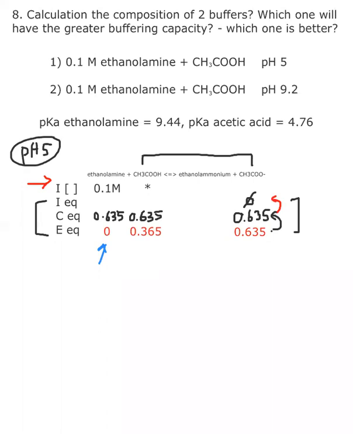Because at equilibrium, ethanolamine will be all neutralized out of the system, it means that the initial equivalence of ethanolamine would equal 0.635. Following me so far? So that's why when it changes, it becomes zero at equilibrium, right?